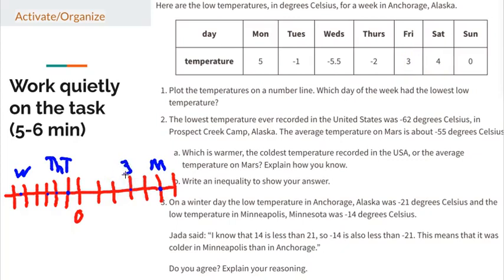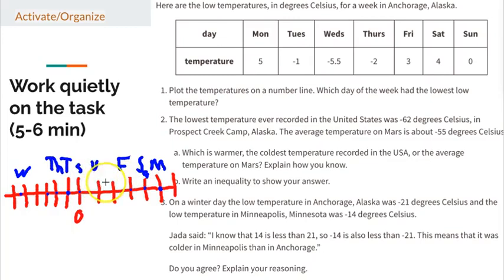Woof! Saturday at 4 degrees. That's Friday. Saturday, getting really hot at 4 degrees. And then Sunday is at 0.